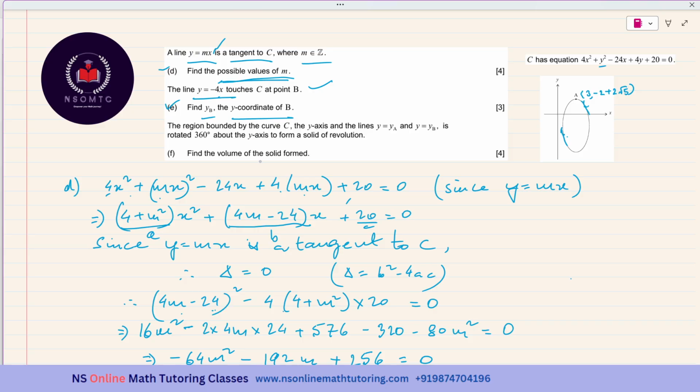Okay, so we have to find the y coordinate of the point B. So what we can do is we can just substitute negative 4x in this expression.